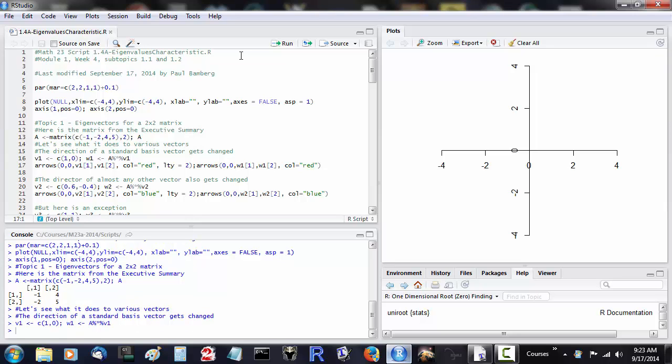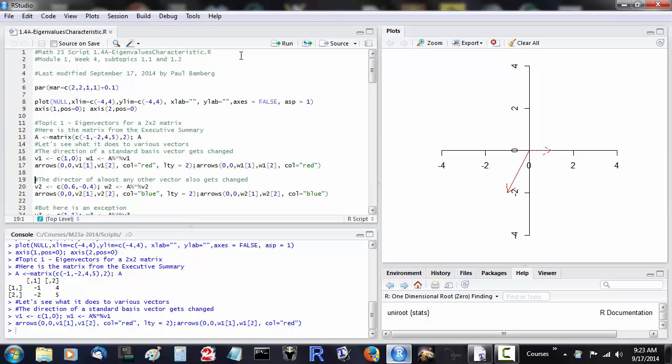In the first call to arrows, I set LTY equal to 2. That gives a dotted line. Then the second call to arrows, where I plot W1, I use the default solid line, and you can see what happens. The dotted red vector gets turned into the solid red vector, different magnitude, different direction.